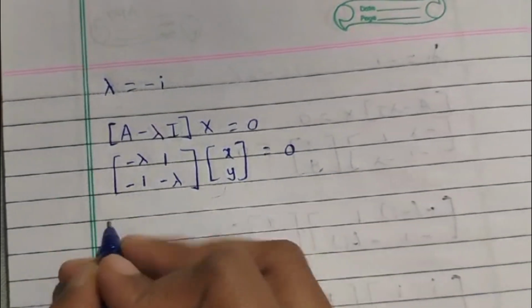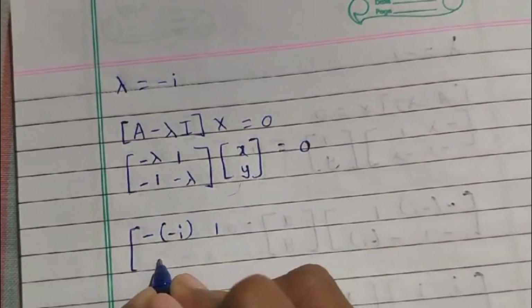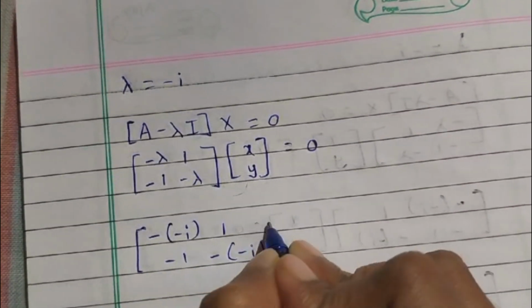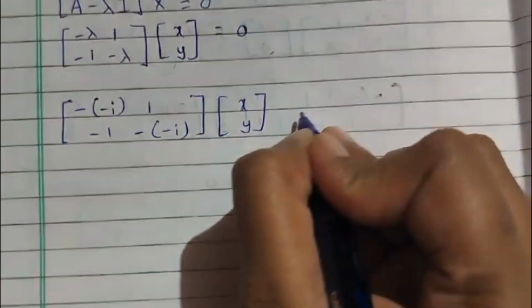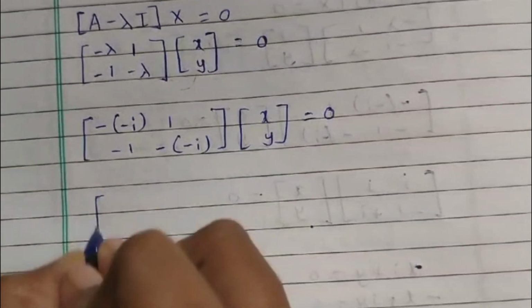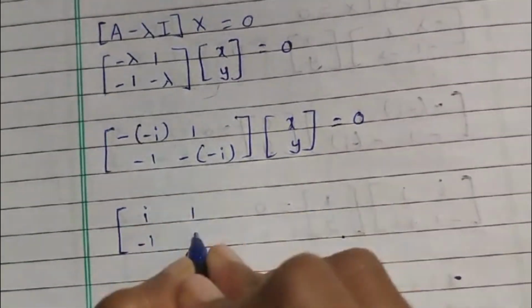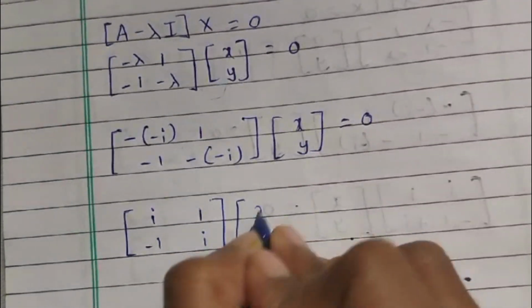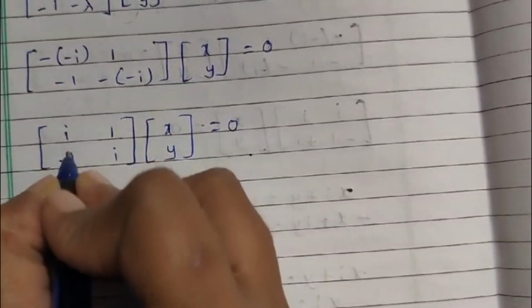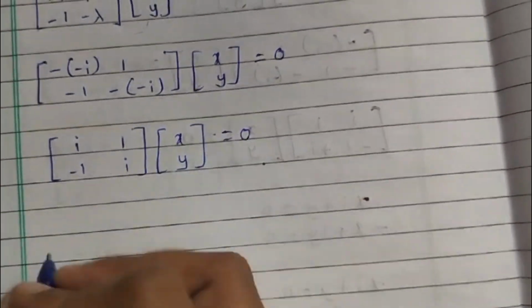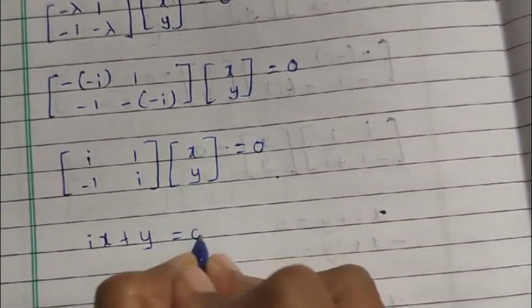Here we are putting lambda equal to minus i, so the matrix is i, 1, minus 1, i into x y equal to 0. Now we multiply first row with first column, that is i into x plus 1 into y, which is equal to 0.